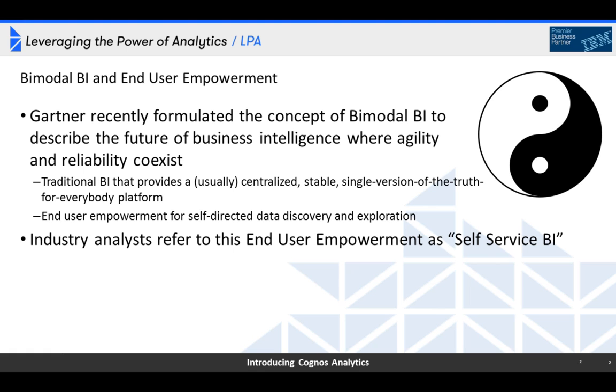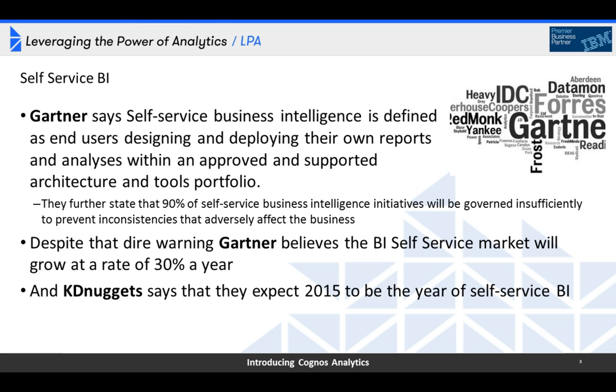This end user empowerment is what a number of industry analysts are now referring to as self-service BI. So bimodal BI is the existence of both a robust single version of the truth enterprise platform that doesn't have to be, but is often centrally managed, coupled with self-service BI. Now, self-service BI, according to our friends at Gartner, is end users designing and deploying their reports within an approved and supported architecture and tool portfolio.